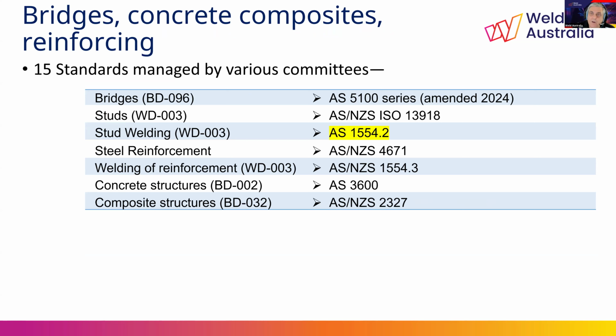That could be an option, but the reason why we republish the ISO standards as AS/NZS ISO or AS ISO is that Australian committees usually look at the ISO standard to see whether it is suitable for publication in Australia as it is, or whether it needs to be modified.